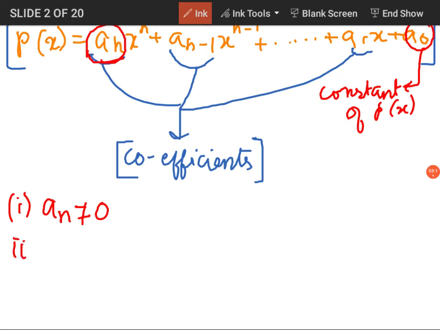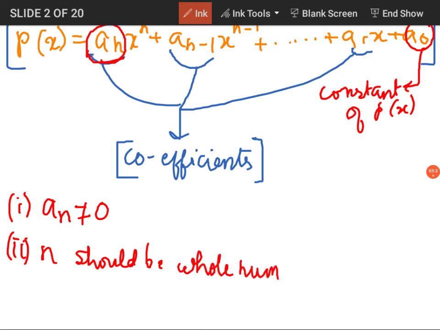And the second is the most important, that is n should be whole numbers or non-negative integers.